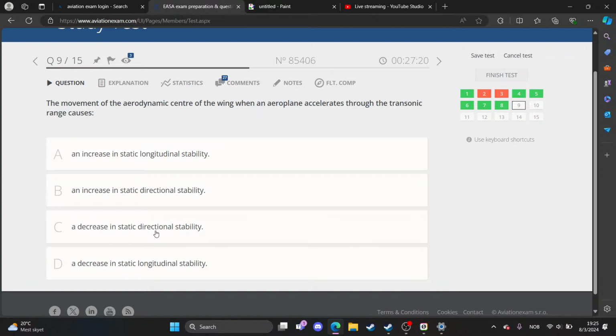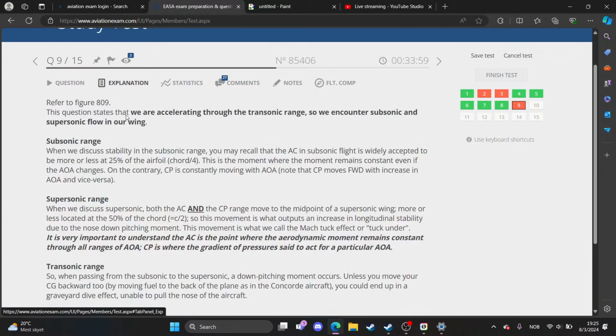So you've got shock waves. I think it's longitudinal, an increase in longitudinal stability. When we're accelerating through the transonic range, we encounter subsonic and supersonic flow on our wing.